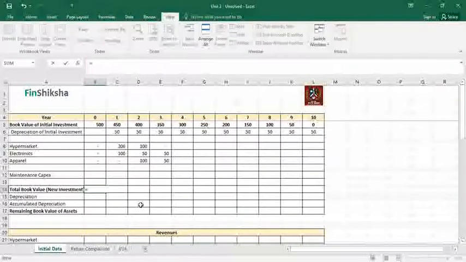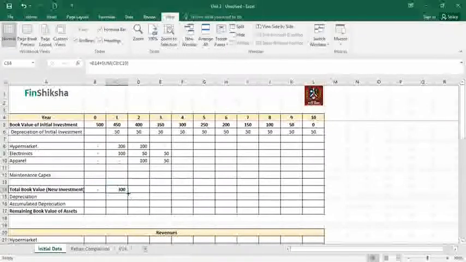So I'm going to use the formula here as last year's book value plus the capex I have done this year, and that's going to give me 300. Then I can increase that to the next year. So 300 plus another 250 added gives me 550, plus another 100 added gives me 650, and then I can drag it into the future. So my fixed value of the cost of the investment is 650 after the 3rd year. It doesn't move beyond that.